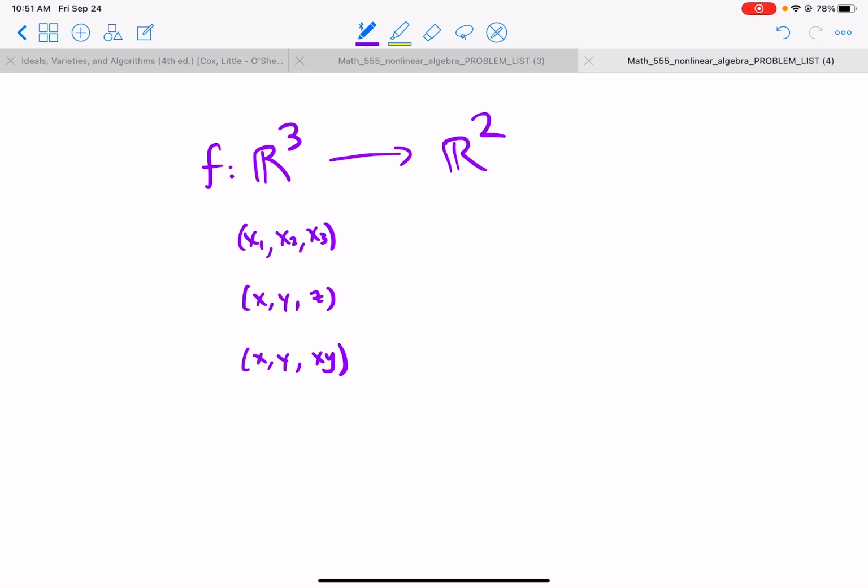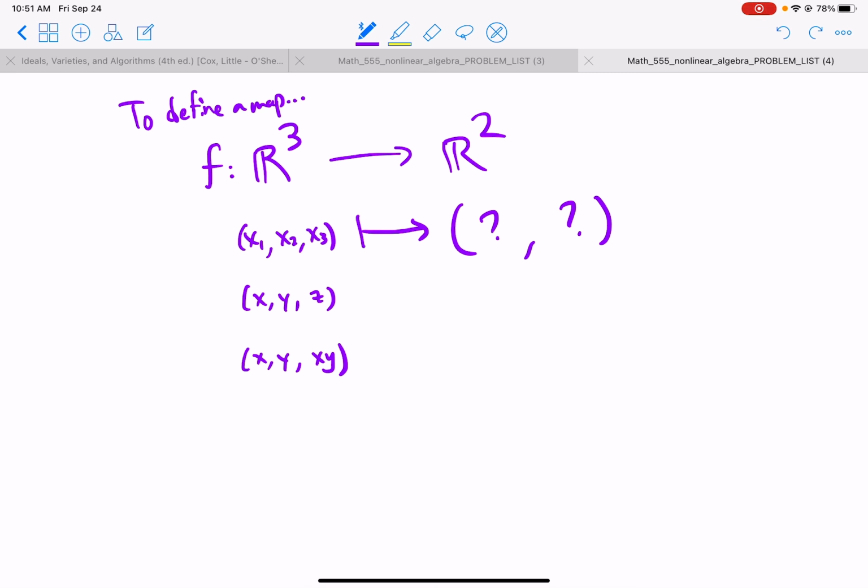Yeah. So the image of these in R2 should always be 0. Well, when I'm defining a map, I have to tell you where these go. Because the output's going to be R2, I need two formulas.